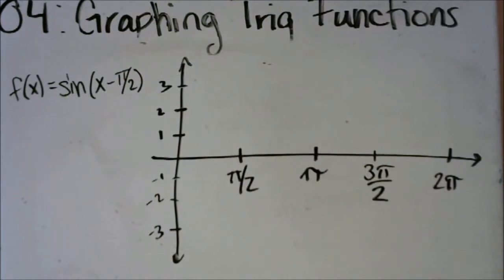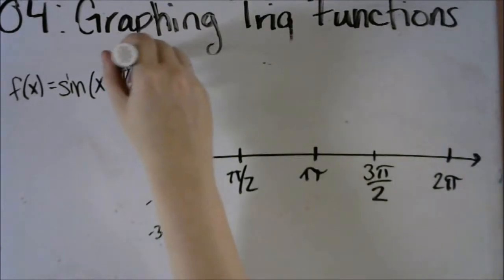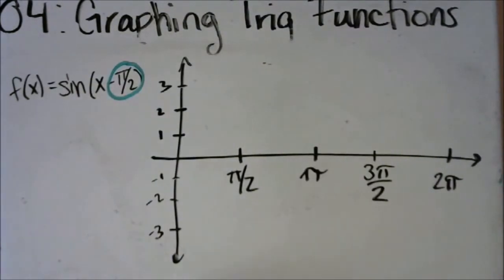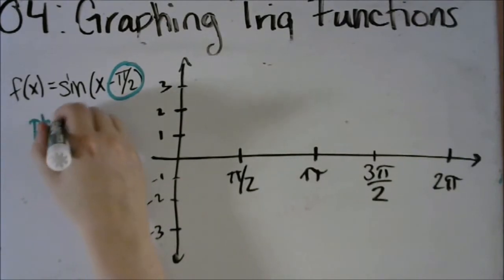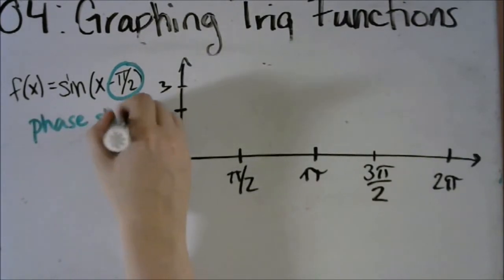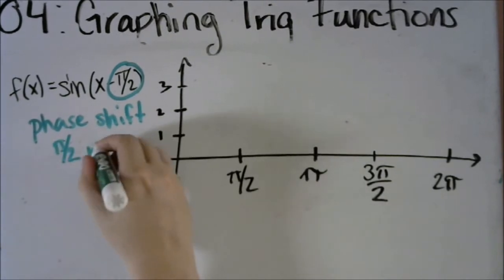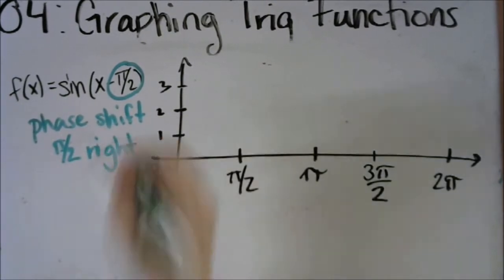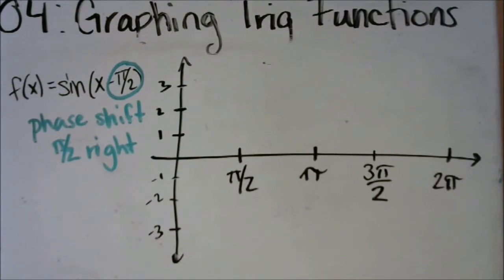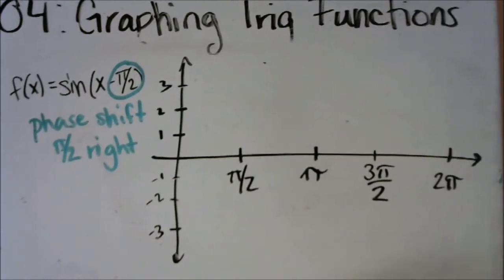What transformation have we applied in this problem? Negative pi halves is our phase shift. And so we are going to be shifting pi halves to the right. Well, my advice for you when you are graphing functions that involve more than just amplitude and period is to actually draw two pictures.